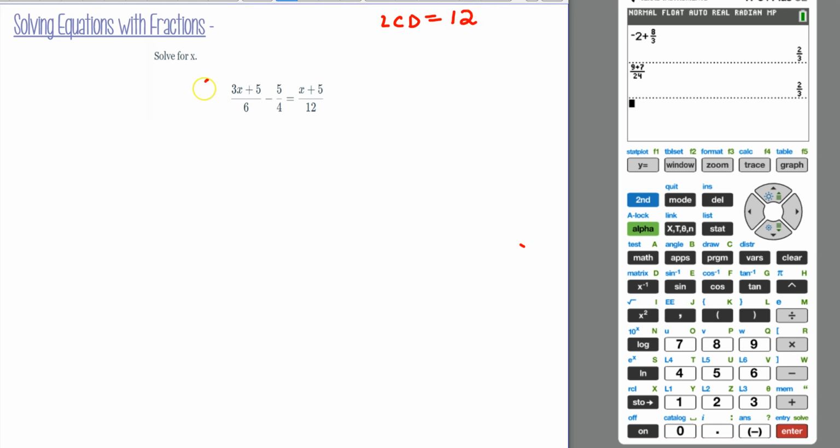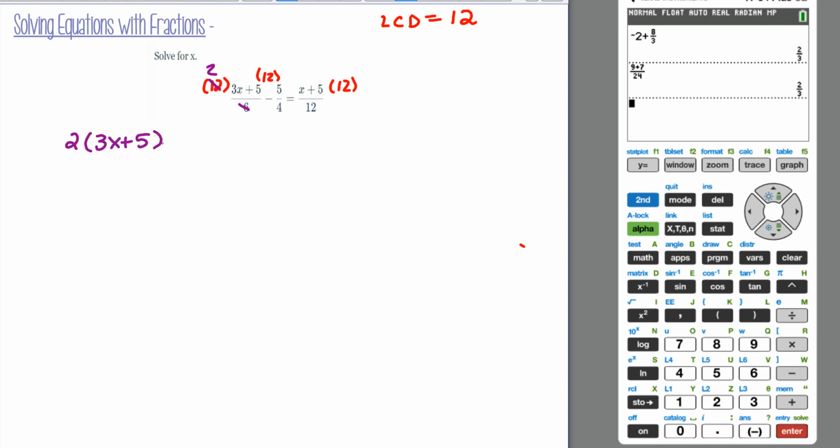I can multiply each of these terms by 12 in hopes of getting rid of that denominator. So for here, if I look at this component, 6 goes into 12 2 times. So I have 2 times that remaining numerator, 3x plus 5.